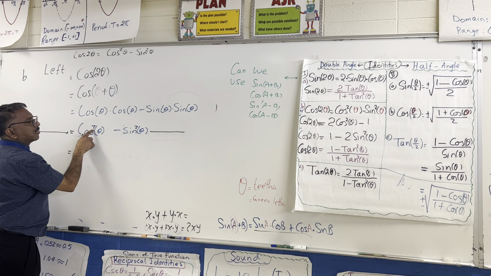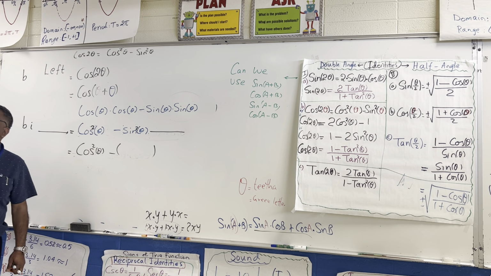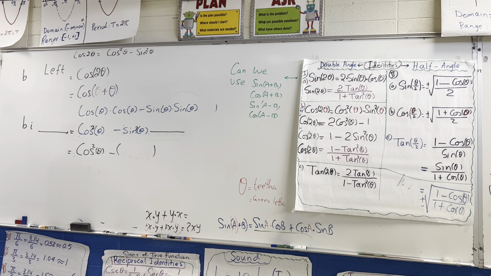Now, we did the first part, agree? Can we prove the second one? There's no sine here. Can we change sine square by something else? In place of sine square, can we replace it in the form of cosine?